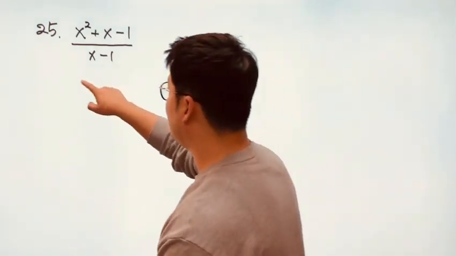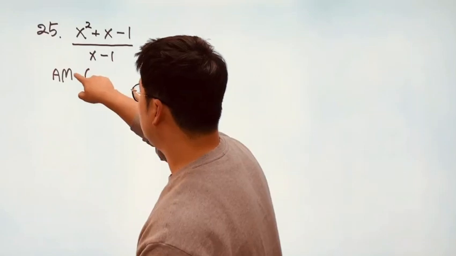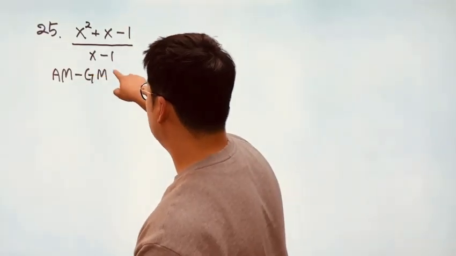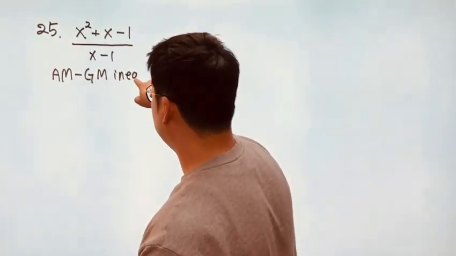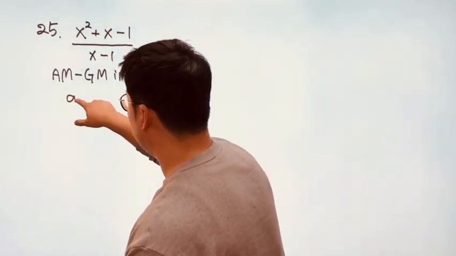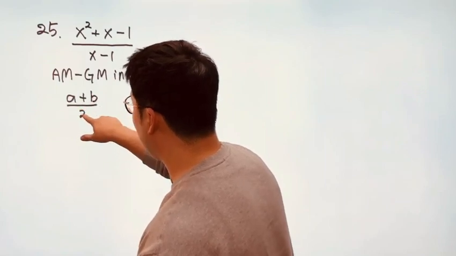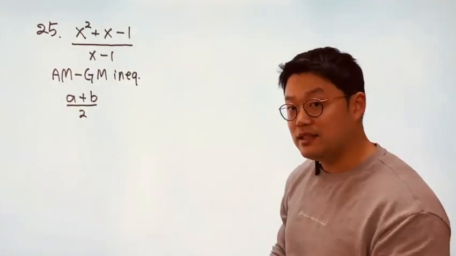Remember the AM-GM inequality. If you recall, we have some real number A and real number B, and it's best if they are positive reals.